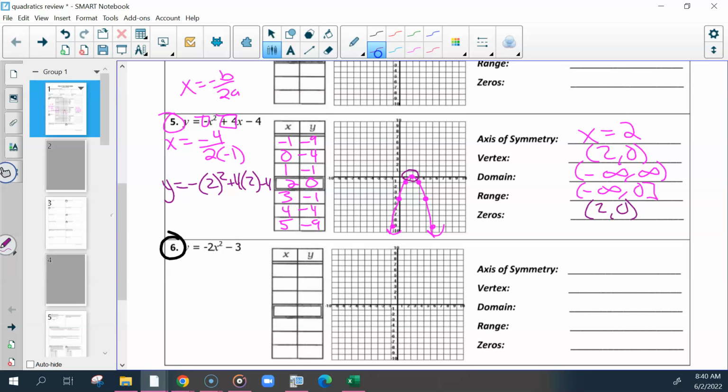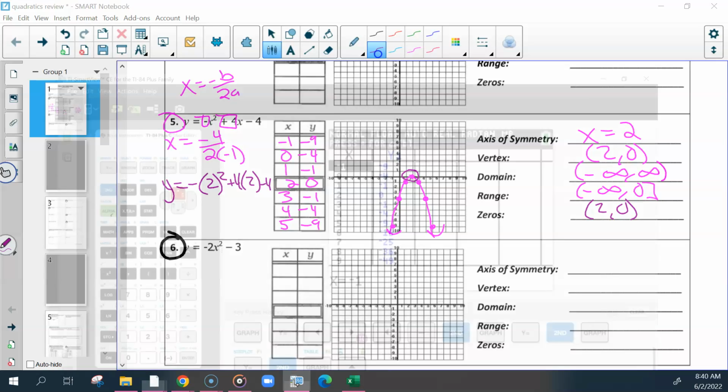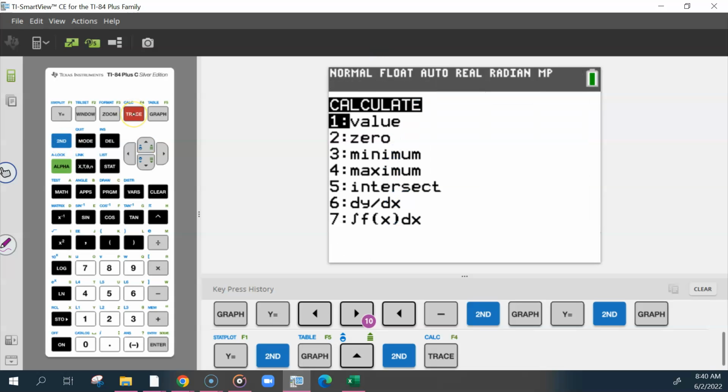If it doesn't line up, you have 2 different ways to go about finding zeros: using the PlySmlt2 app or your second trace values. You can use either of those to find your zeros if they're not exact numbers.